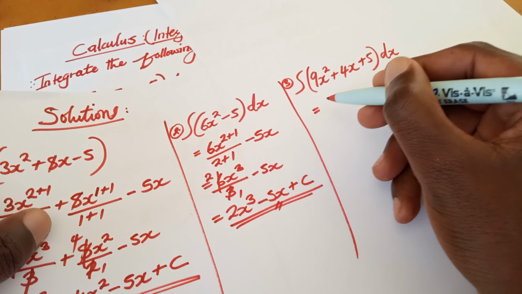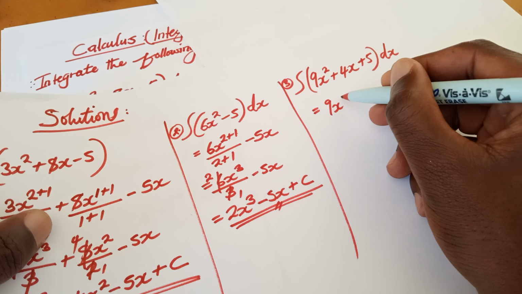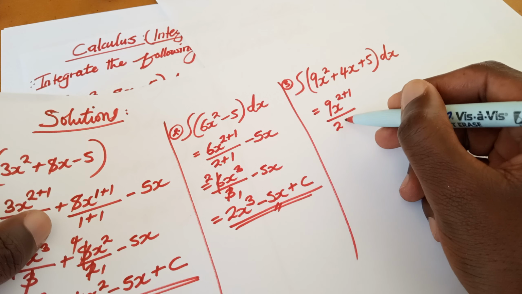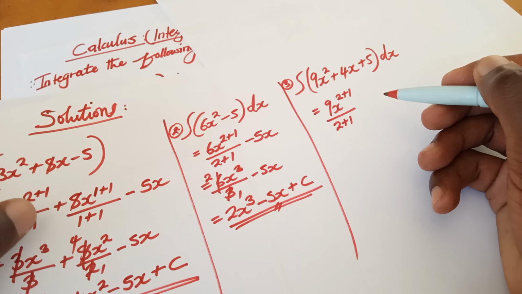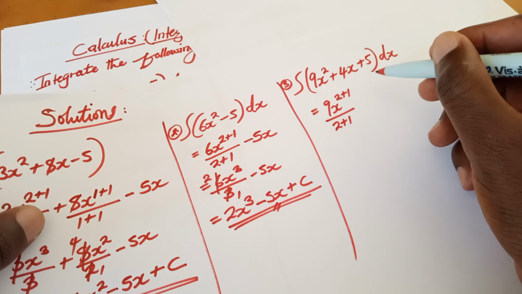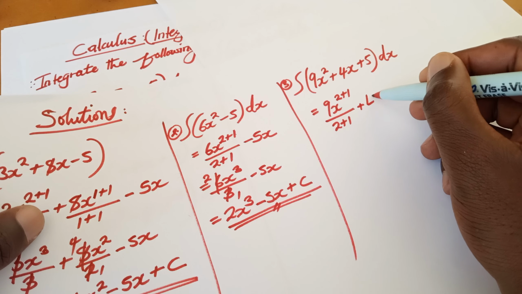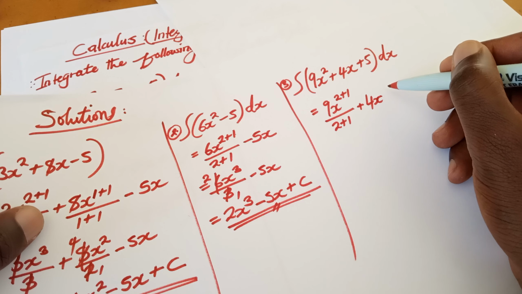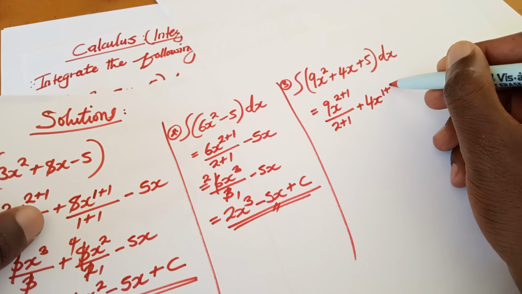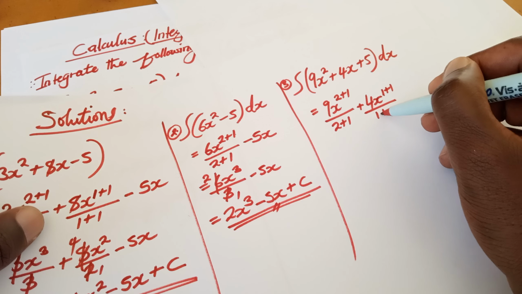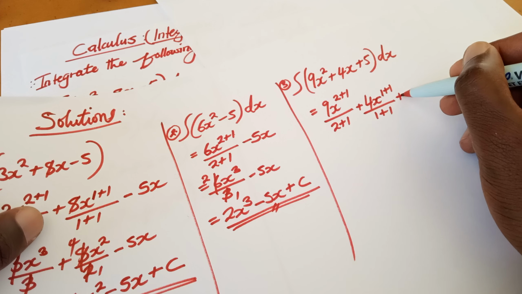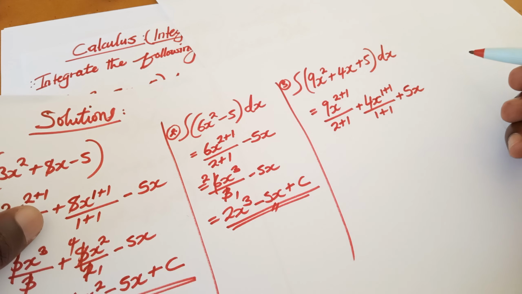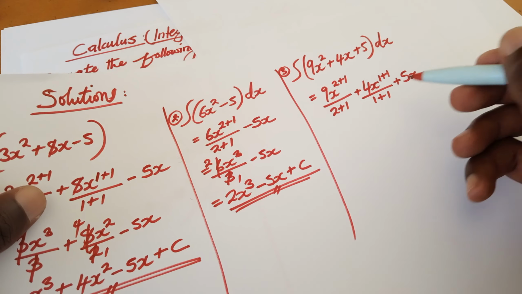So this will be equal to 9x to the power of 2 plus 1, we are adding 1 to the power, and also at the bottom, 2 plus 1. Plus 4x, since there's no power here, there's an invisible 1, so 1 plus 1 over 1 plus 1. Plus 5, it has no variable, so we put x to the 5 there.